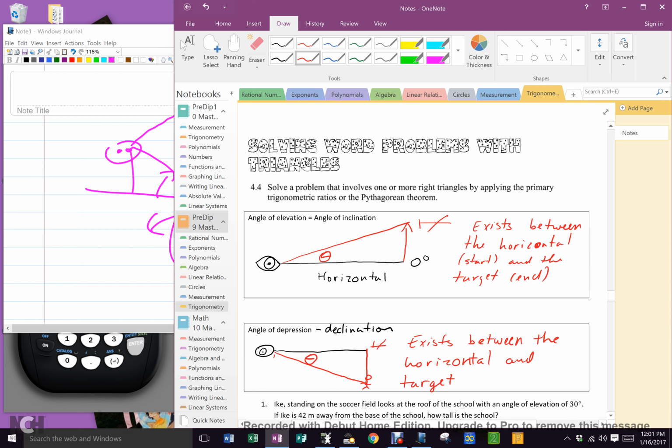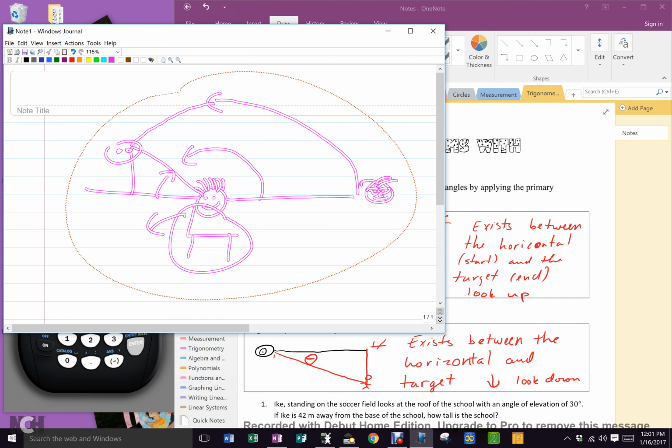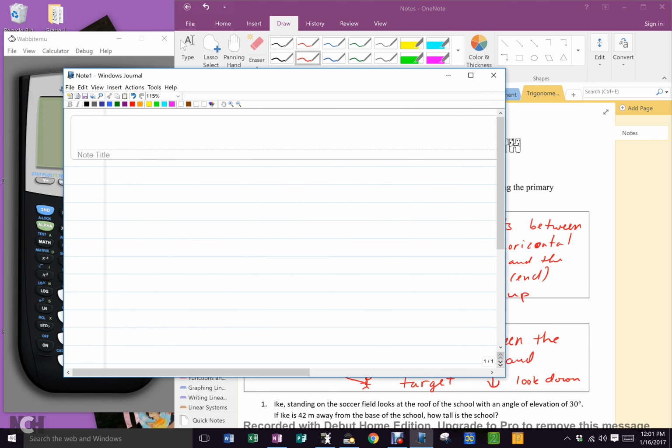But this time, we are looking down. And in this one, we look up. Now, here is why this is confusing. I'm going to put both those airplanes on the same drawing. Just watch.